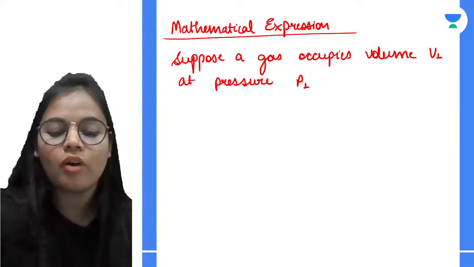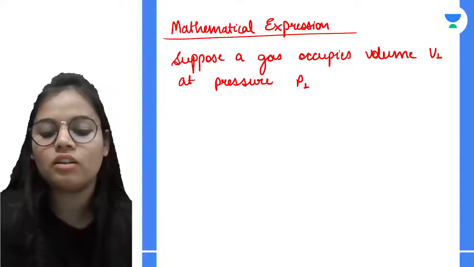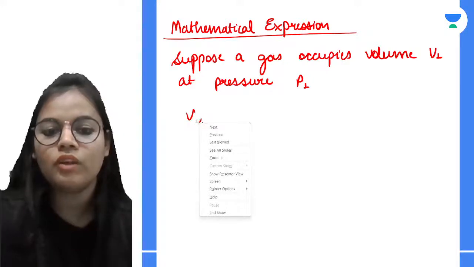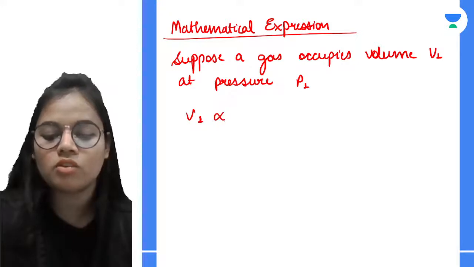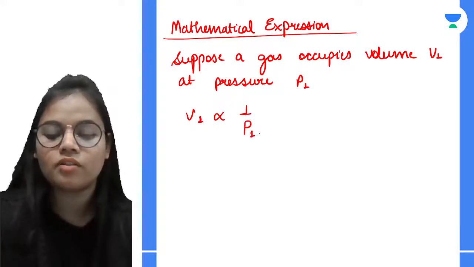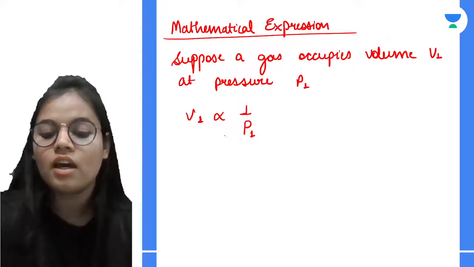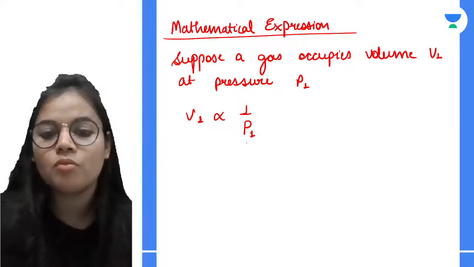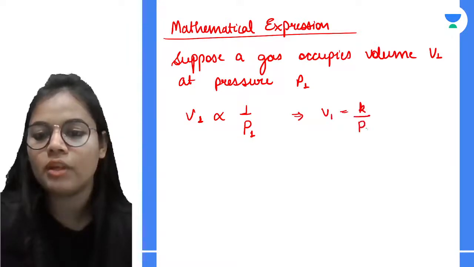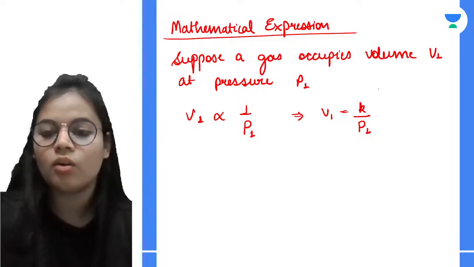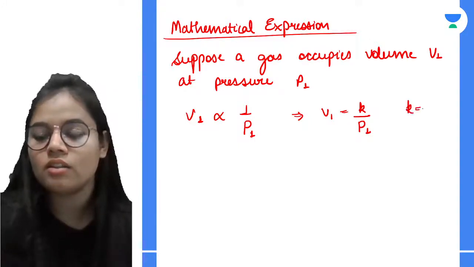Now, according to Boyle's law, what is it telling us? That V1, the volume, is inversely proportional to the pressure. Now, if I remove this proportionality sign, what I will have? V1 is equal to K upon P1. Here K is a constant.